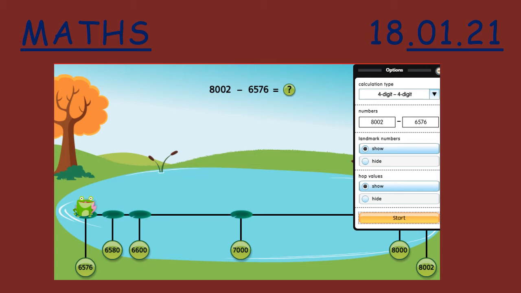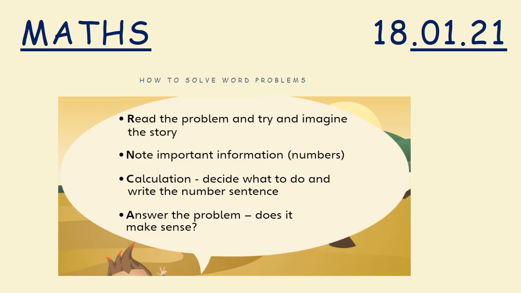Now we are going to move to the next example. I'm just going to remind you how to solve word problems. First, we need to read the problem and try and imagine the story. Then we have to note important information, numbers.